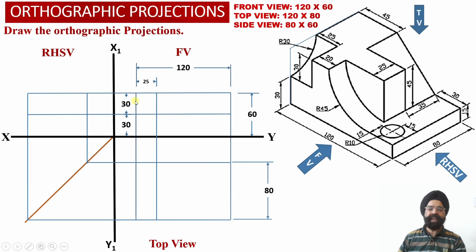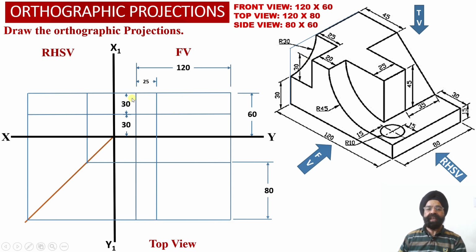So from the left hand side face of the solid, we have marked a vertical projector line into the front view projections at a distance of 25 millimeter, and this vertical projector line we have extended into the top view projections as well.